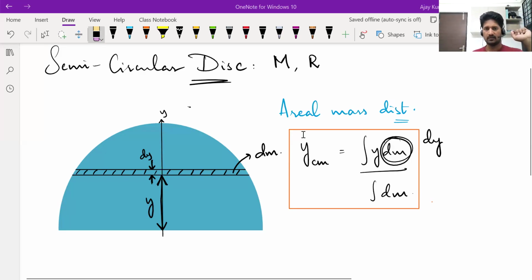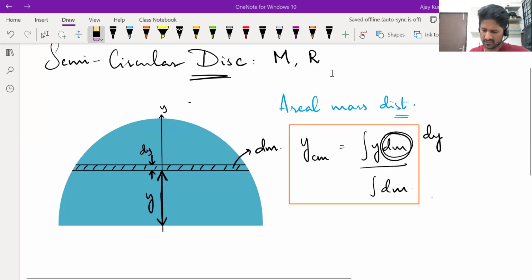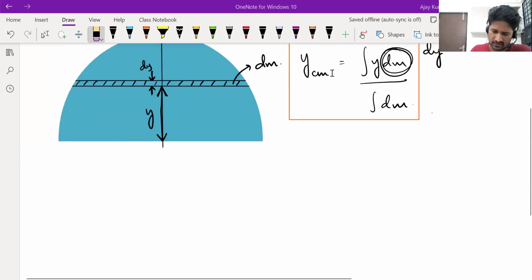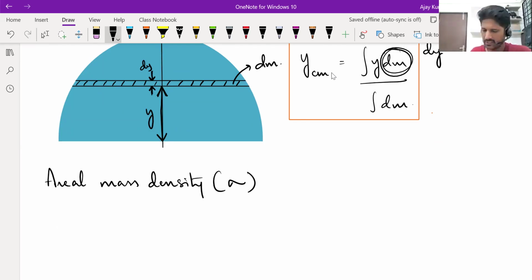You can express the mass of an element that way. Now this here, a semicircular disk, is an areal mass distribution. Mass is spread over an area, not a length. So you take help of something called areal mass density. That is what I had given you about in yesterday's worksheet. We use areal mass density, denoted by the symbol sigma.